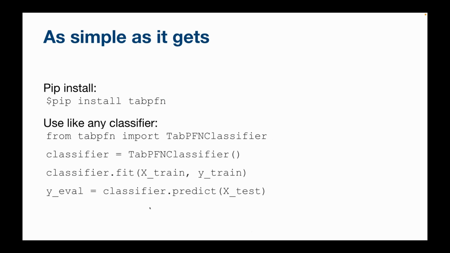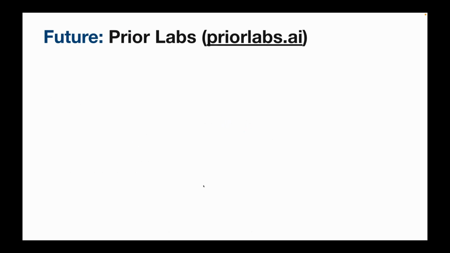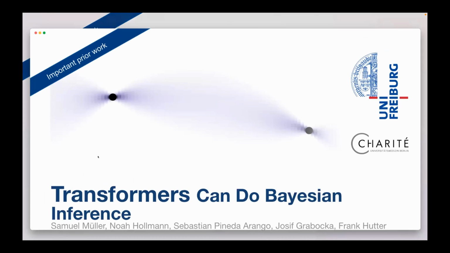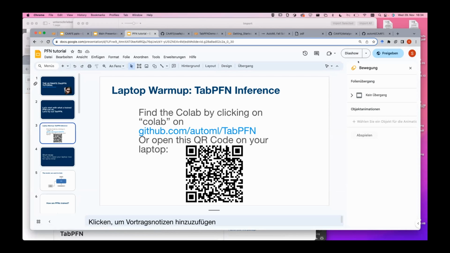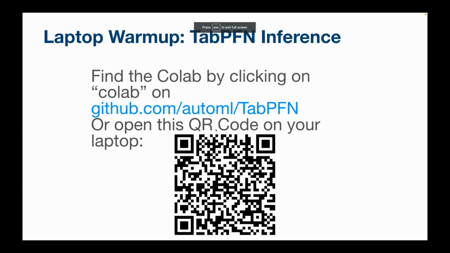Now we have a little bit on how to use this. If you like, you can follow me here. Sorry, we will jump to this other presentation right now. If you like, you can run the tutorial yourself. It is linked on our GitHub page, AutoML/TabPFN. You can also scan that QR code, if you have a good connection between your phone and your laptop.